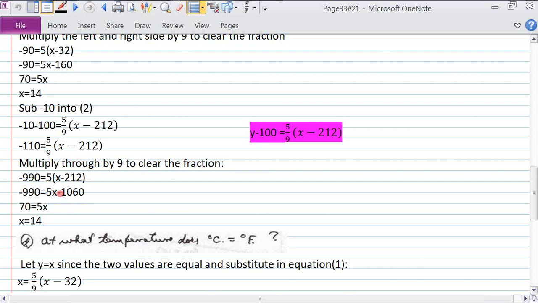Essentially what I'm doing is saying plus 1060 minus 990 gives me 70 equals 5x, x equals 14. So you see I get the same answer whether I use equation 1 or equation 2. It doesn't make any difference, so minus 10 on the centigrade scale is 14 on the Fahrenheit.